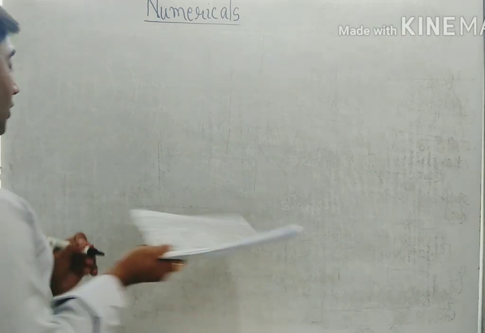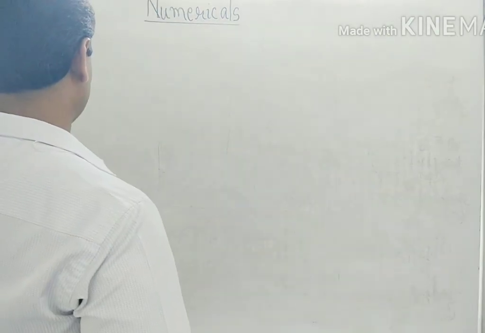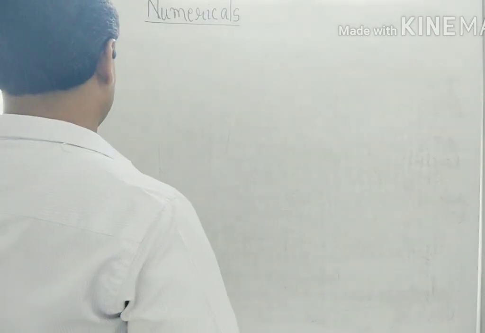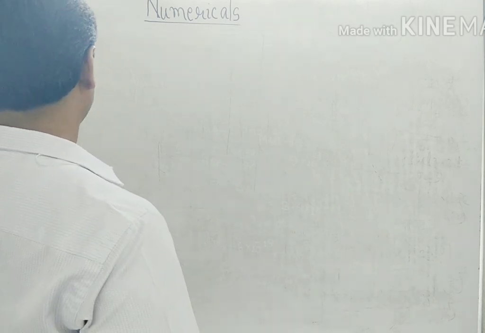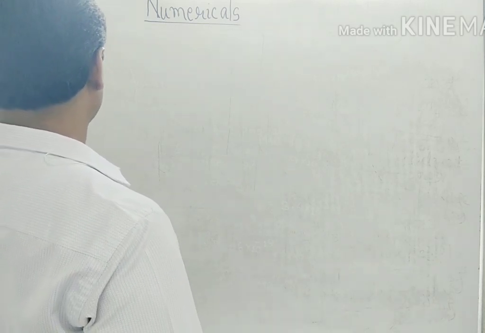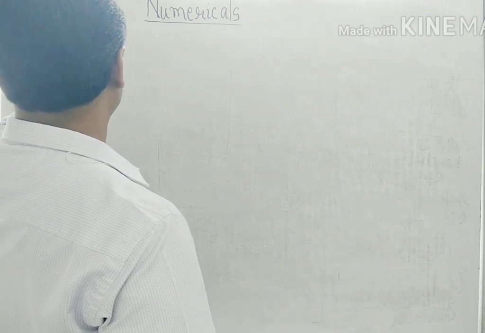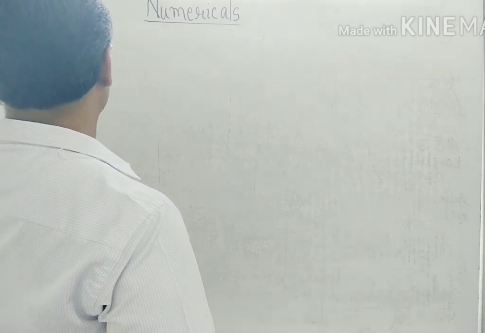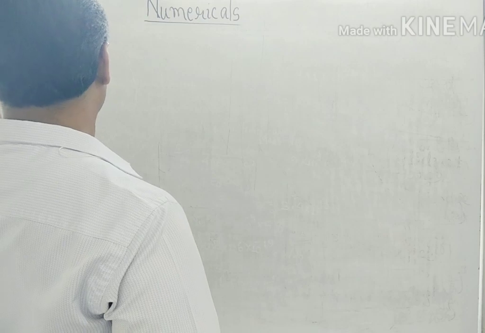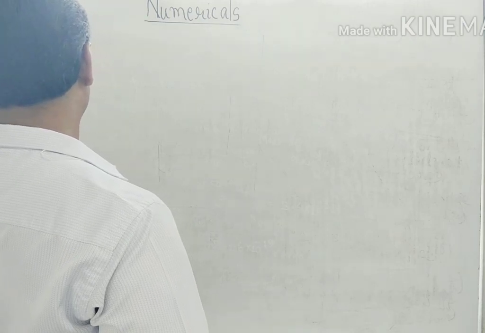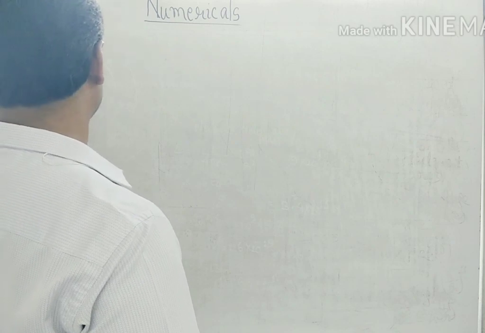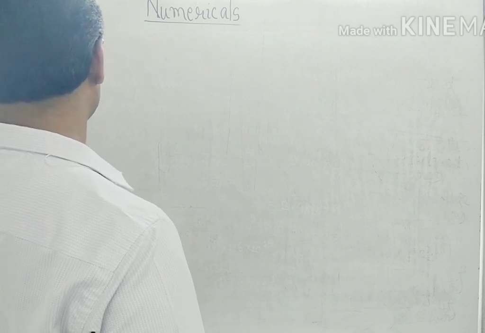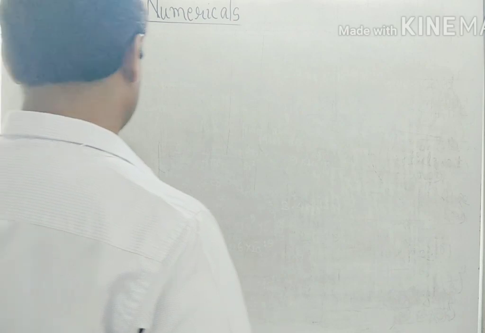So let's start the solution part of the 7th question. Let me draw the diagram. This is the line charge given and an electron revolving around it in a circular path. Here a hypothetical cylindrical Gaussian surface will be seen enclosing this line charge distribution.